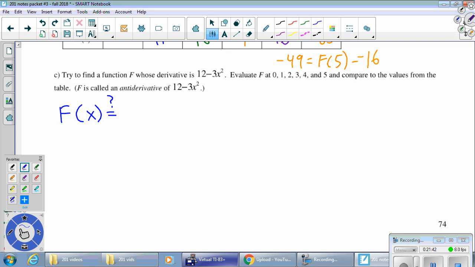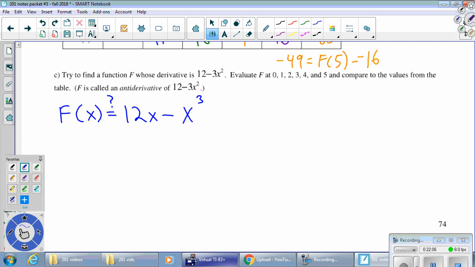Well, I know that 12 times x has a derivative of 12. And then the minus must have come from a subtraction in the original function f, and then 3x squared. Some function whose derivative is 3x squared. Oh, I got it. It's just x cubed, right? The derivative of x cubed is 3x squared. So if you check my work and take the derivative of that blue function, you get 12 minus 3x squared.